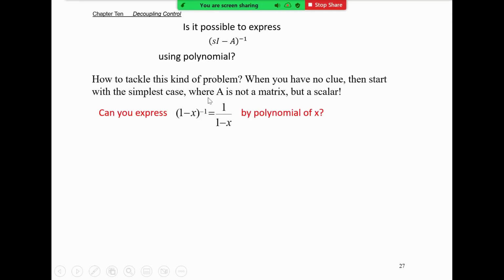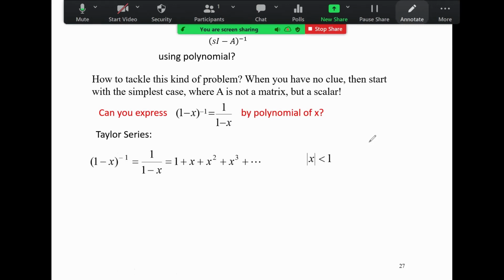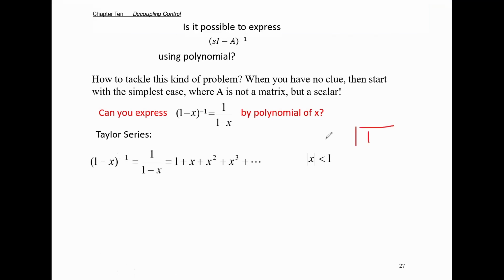For example, 1 minus X inverse, where X is a scalar, or 1 over 1 minus X. Can you express this fraction by a polynomial of X? Taylor series, that's correct, you can do it. Since I just showed you long division, you can also do it by long division.